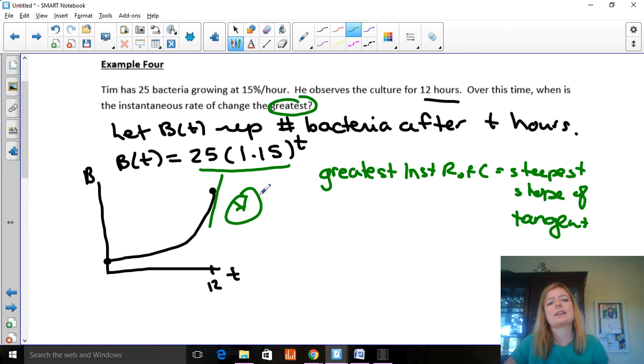And just discussing that because it's exponential growth, it's growing, growing, growing, so it will be at its steepest at t equals 12. I'd be looking for a nice sentence showing your understanding of an exponential function, and then the conclusion that t equals 12 is when the instantaneous rate of change is the greatest.